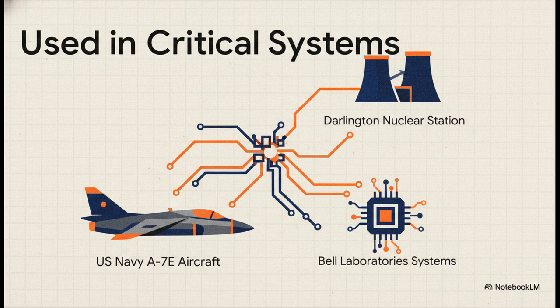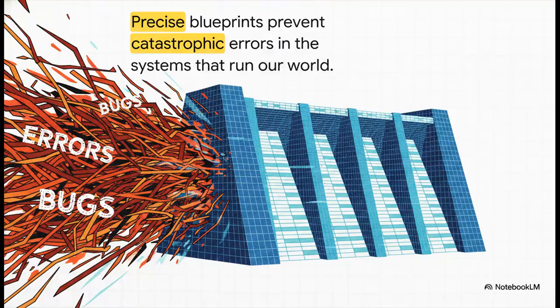The shutdown systems for the Darlington Nuclear Generating Station, the avionics for military aircraft, and core systems at the legendary Bell Labs. Ultimately, the big takeaway here is that having a precise, verifiable, and human-readable blueprint for software is what prevents simple bugs from turning into absolute disasters. It's really about building a foundation of trust in the technology that's all around us.